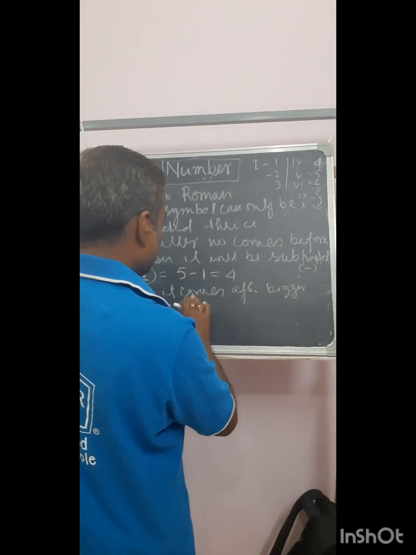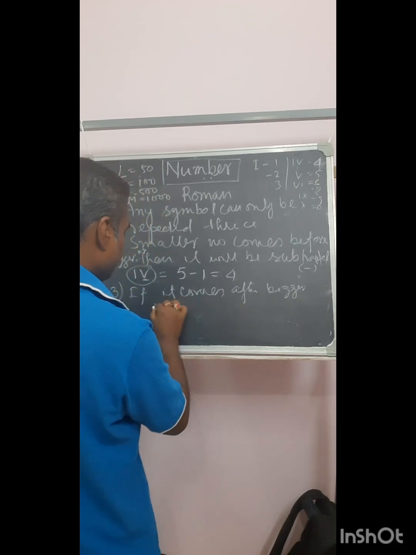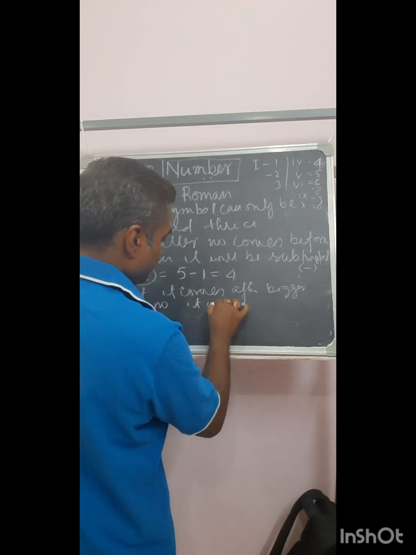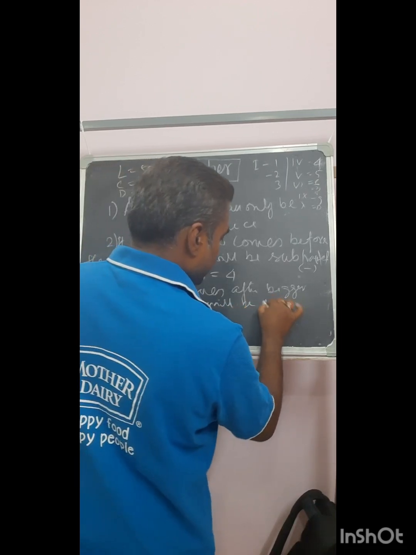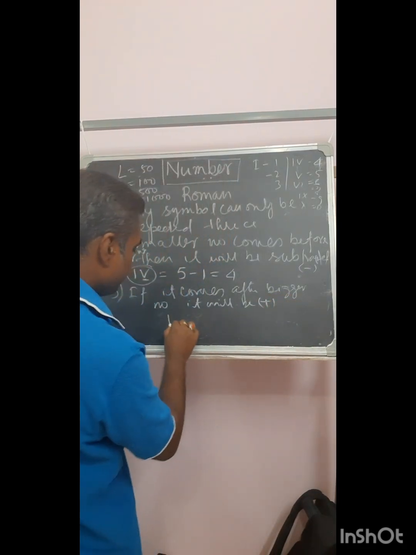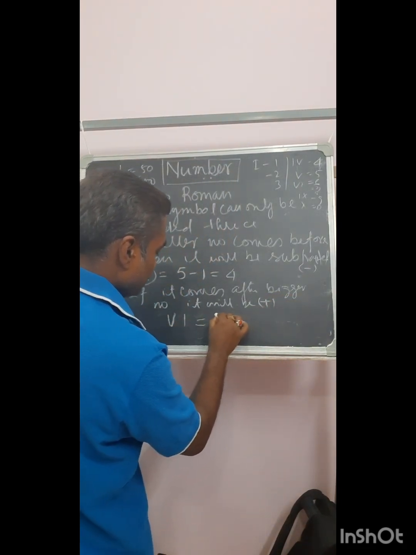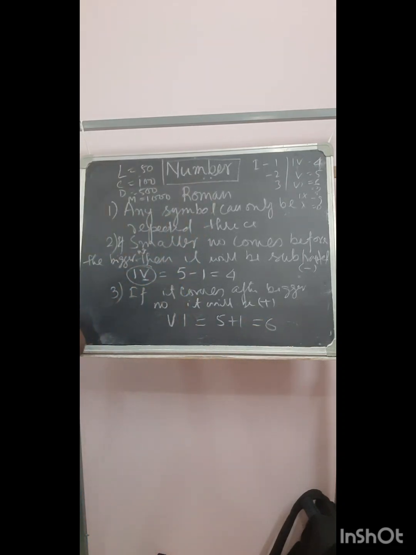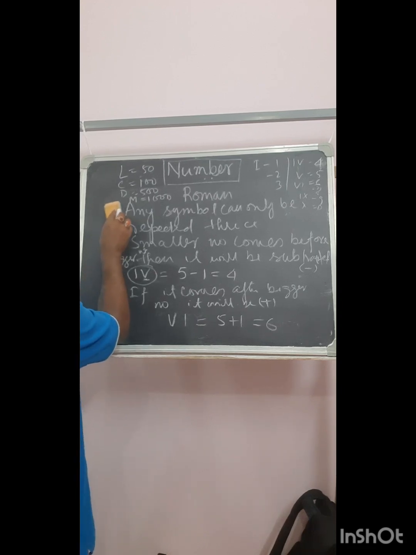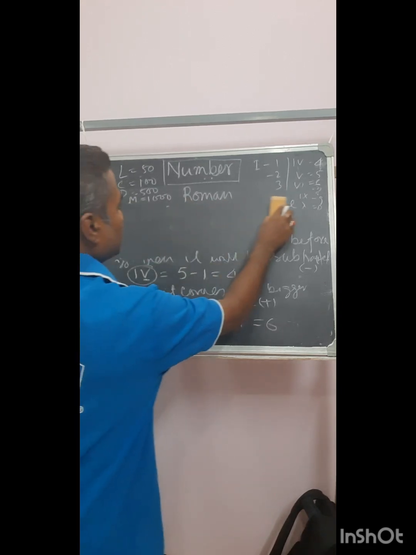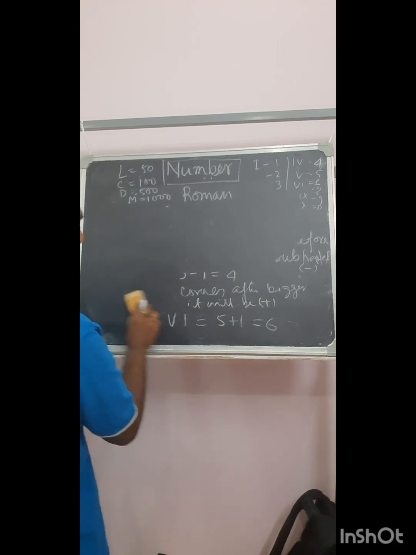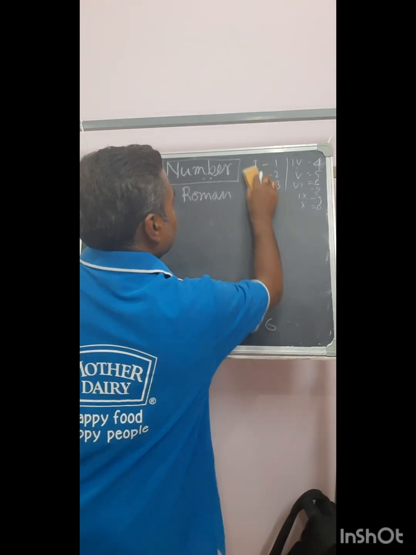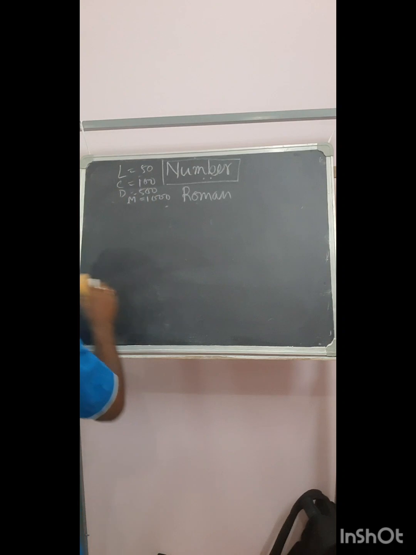If it comes after the bigger number, it will be added. So VI gives you 5 plus 1, which is equal to 6. This is up to 3. Now come to the next property; the next topic is 4.